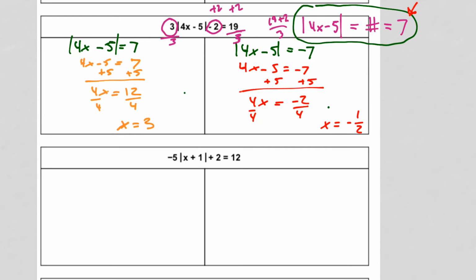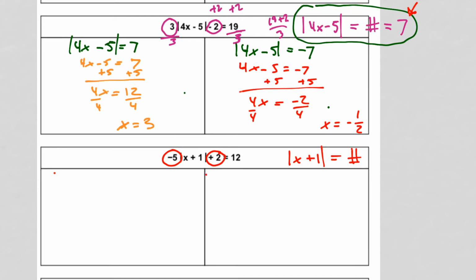So now let's try this other one. I'm going to have to get rid of this -5 and that 2 before I can solve anything, because I need my problem to look like this: absolute value of x plus 1 is equal to some number. So we've got to figure out what that number is before we can even begin.